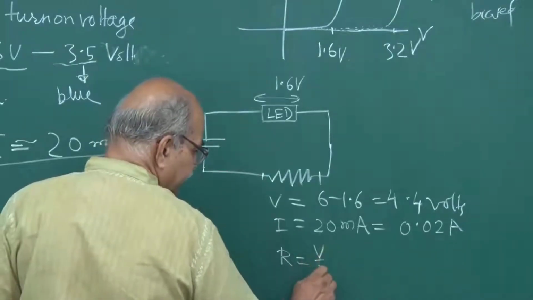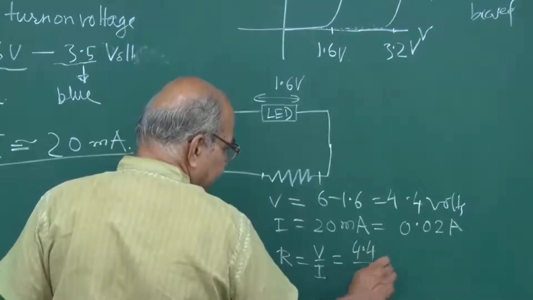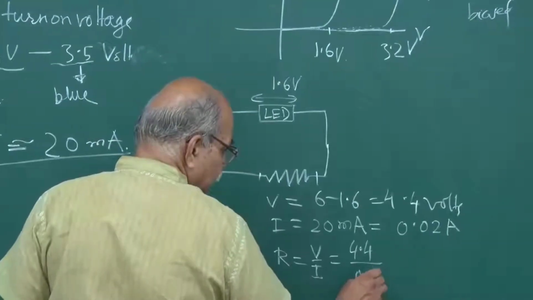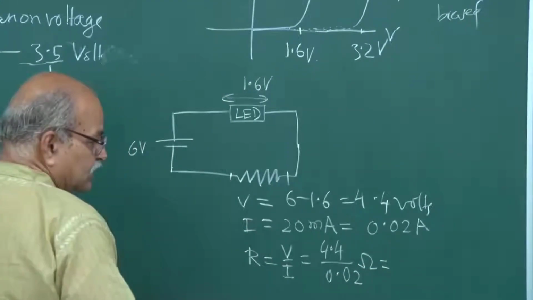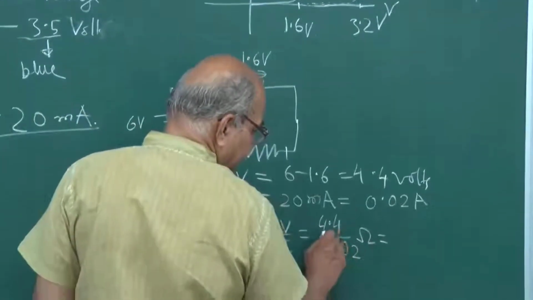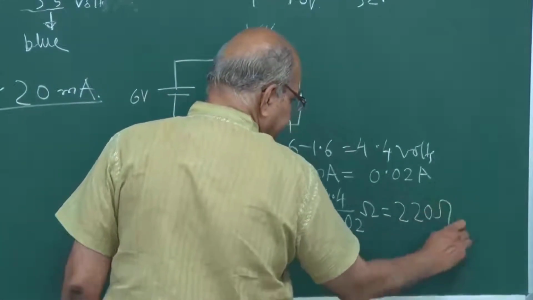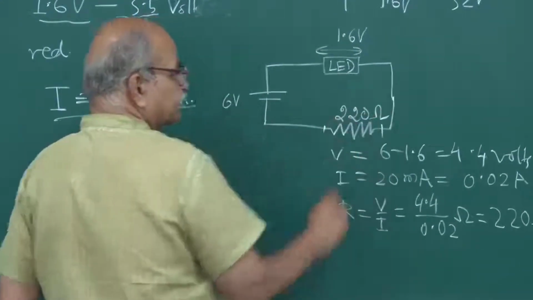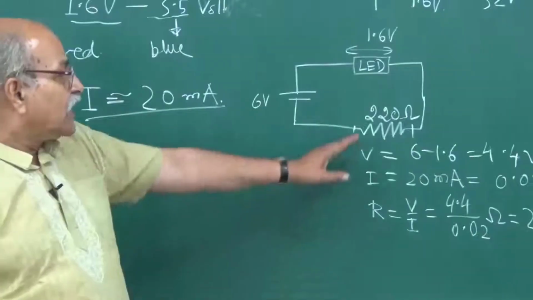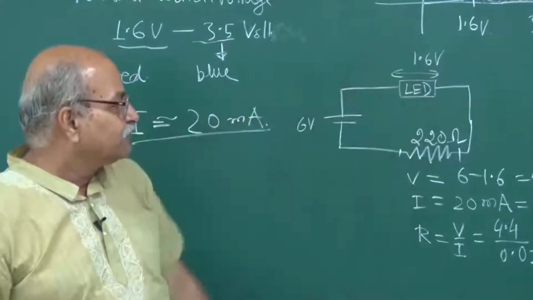Resistance should be V by I, and that is 4.4 divided by 0.02 ohm. So how much is that? 440 by 2, which is 220 ohms. So you should put a 220 ohm resistance here, so that it is running safe.